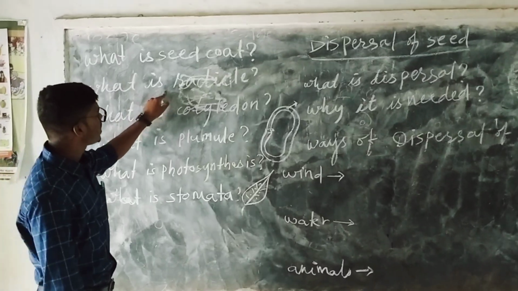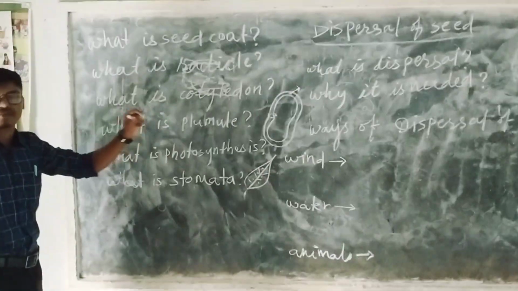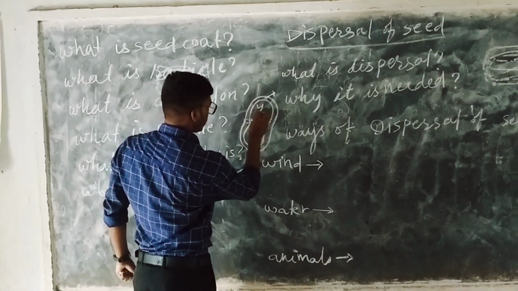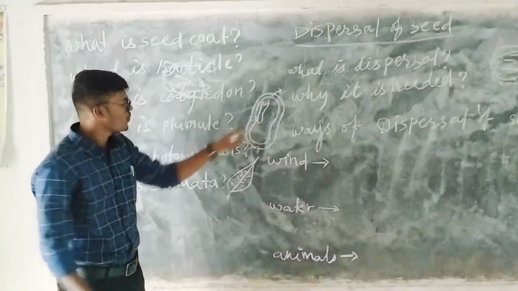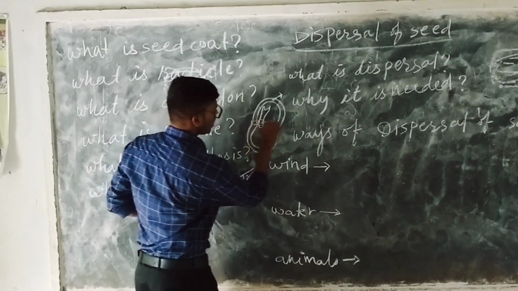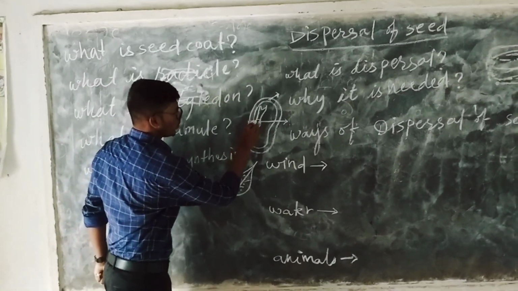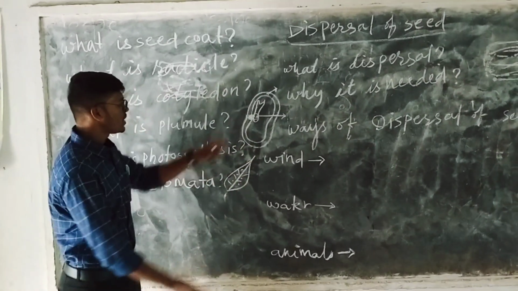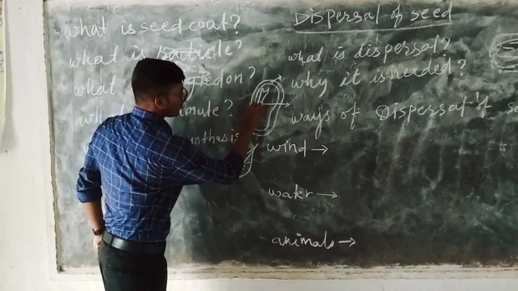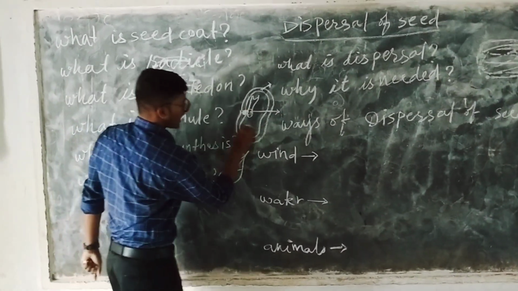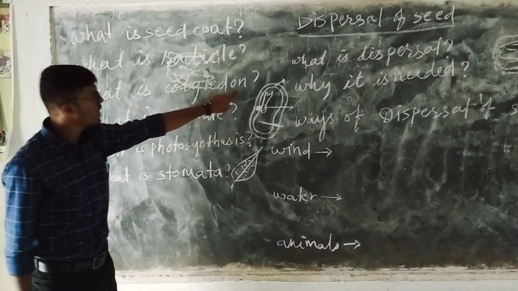And what is radicle? We found one small root or leaves. This part is known as radicle. And there is one structure which helps the seed to break out, this empty place, and it is known as cotyledon.